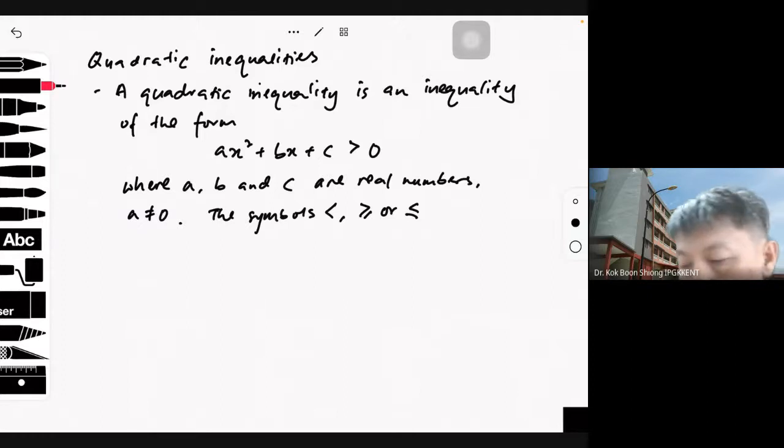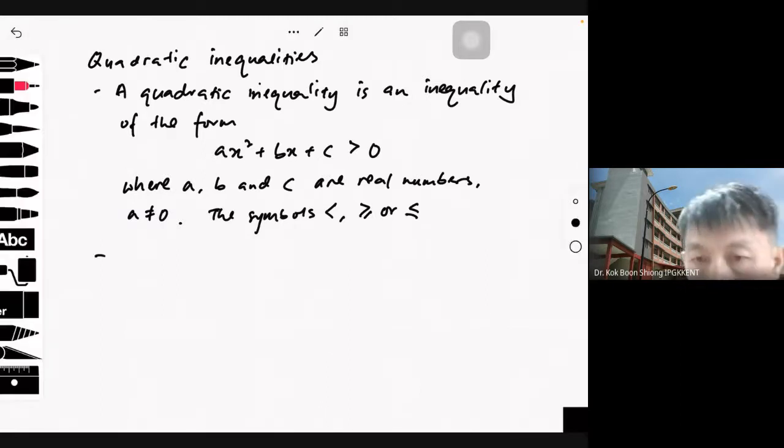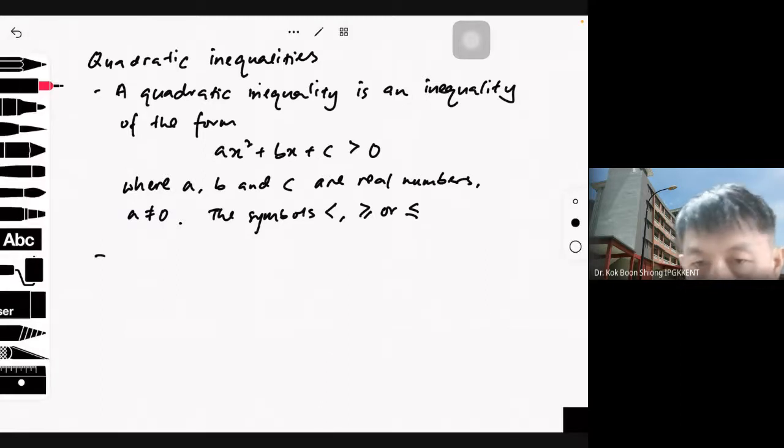Basically there are two types of quadratic graph. Usually we will go through the drawing, but in the syllabus we just go straight to solving.